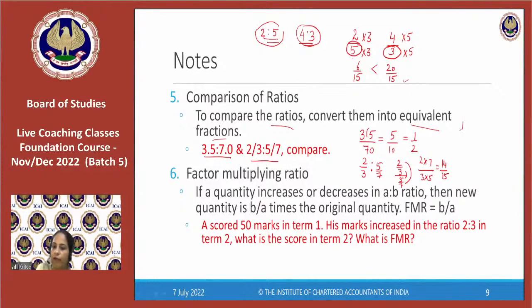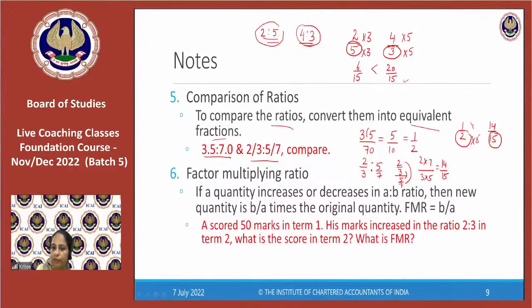All right, now I have to compare 1 by 2 with 14 by 15. Can I do that? As of now, no. I don't know which is bigger. So what I would be doing is I will make both the denominators equivalent. That is, find the number जो 2 और 15 दोनों से divisible हो जाएगा. That is 30. 2 into 15 is 30.